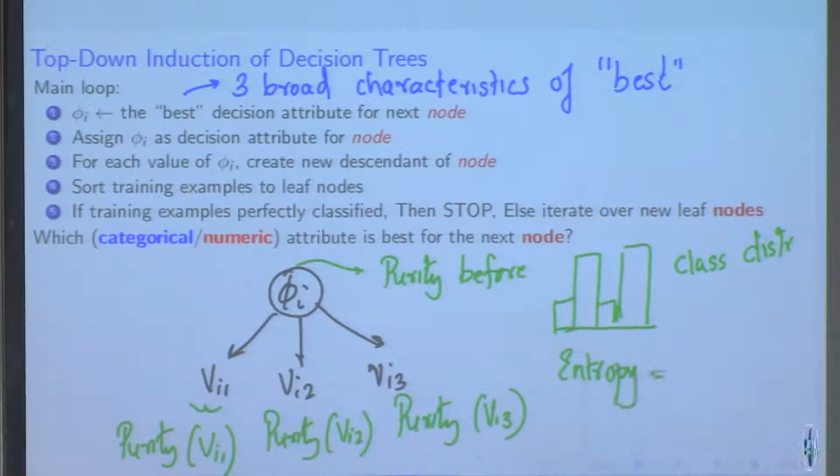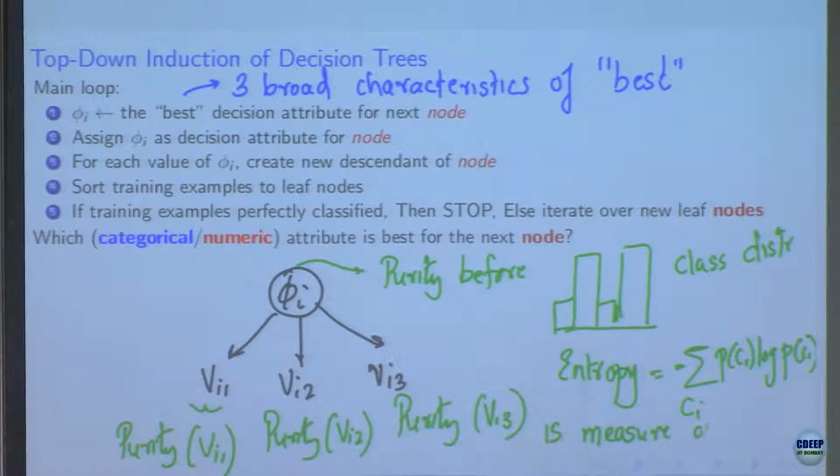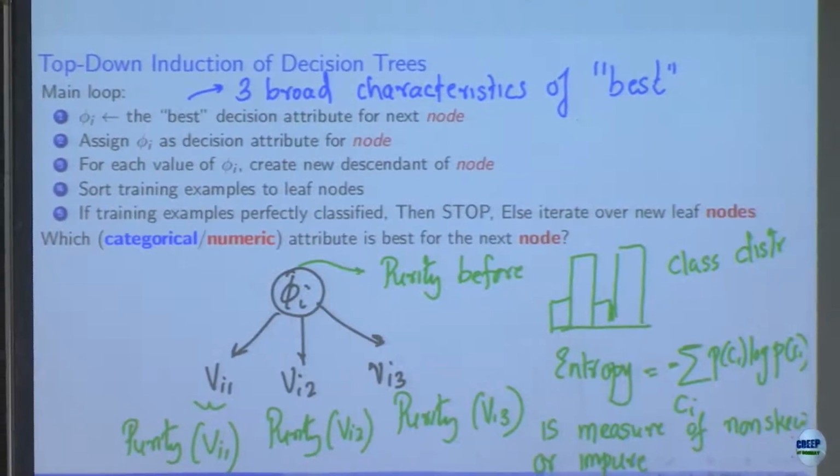So entropy, which is summation over all the classes Ci of minus P(Ci) log P(Ci), is a measure of non-skewness or impurity.